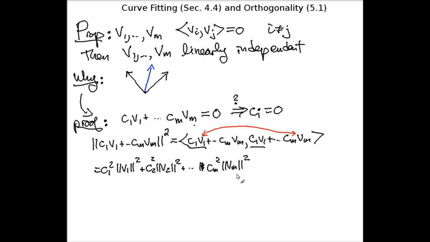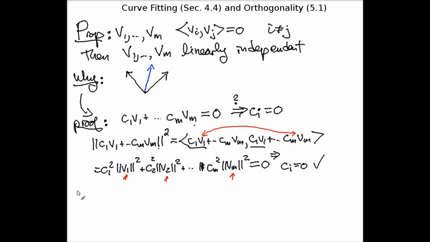And, of course, all of these numbers are positive, and so the only way that can be equal to 0, well, if these vectors add up to 0, then the length of this vector is 0. And the only way that can be is if all of the CIs are equal to 0. So that's easy to see.